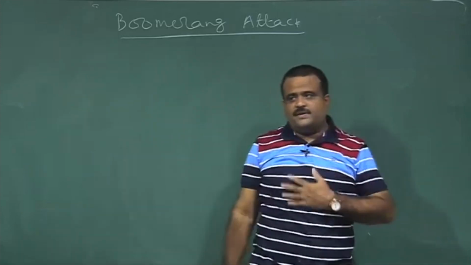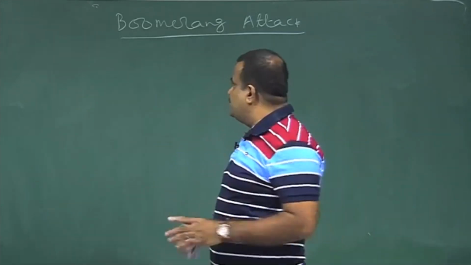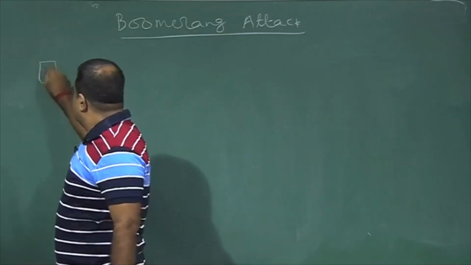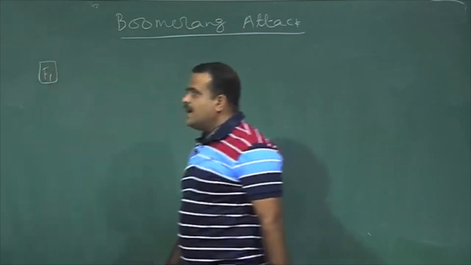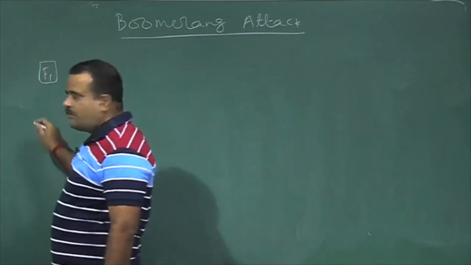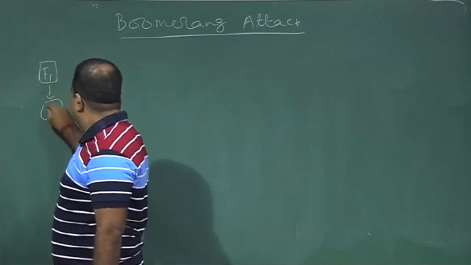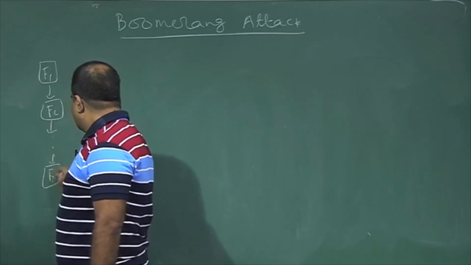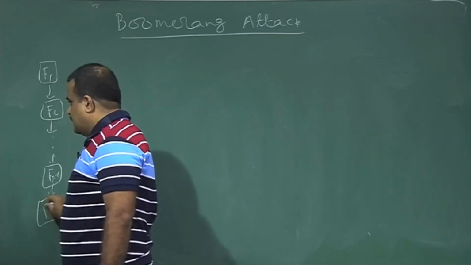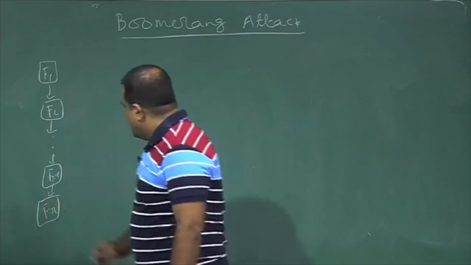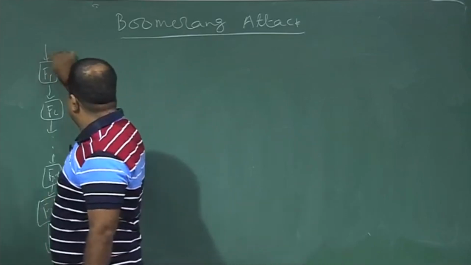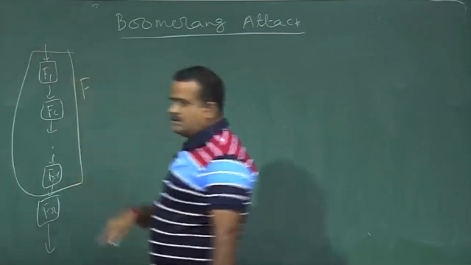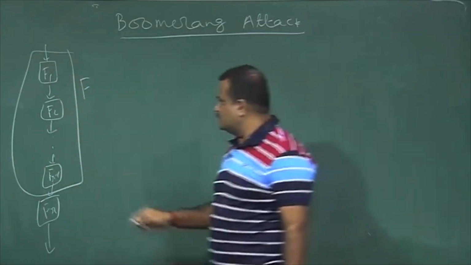It is a variant of differential attack. In differential attack, we have an R round block cipher and we look for a difference over a long round, like R minus 1 rounds.